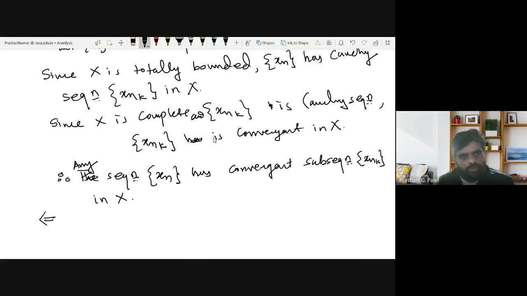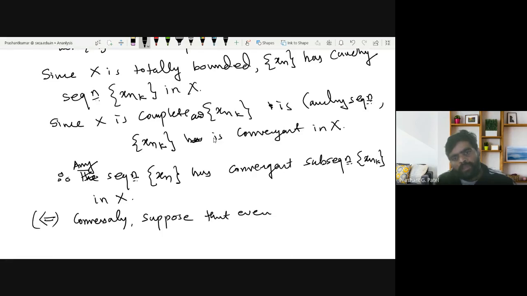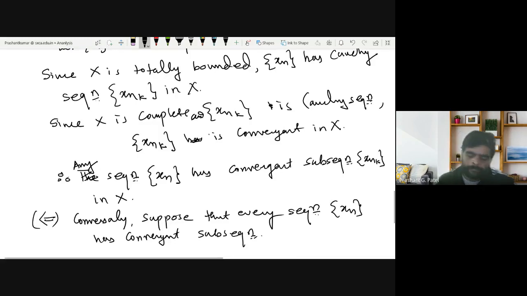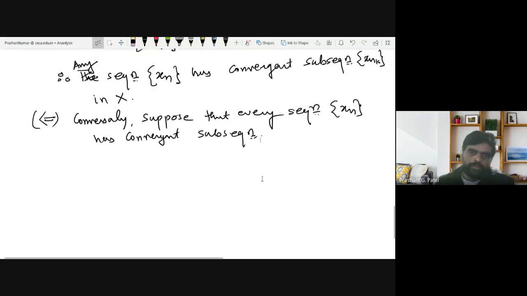Now the converse part. Conversely, suppose that every sequence xn has a convergent subsequence. Let's say xnk is the subsequence of that.